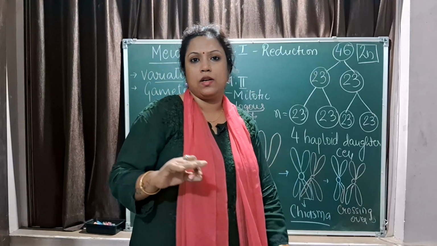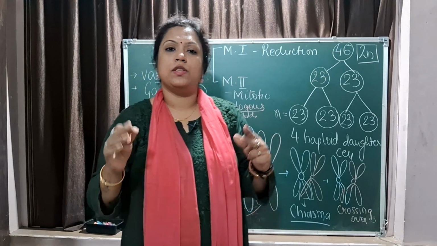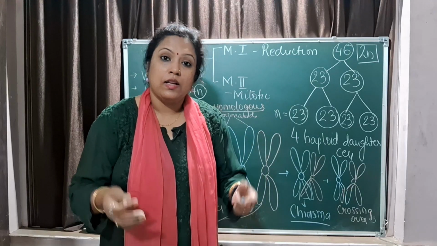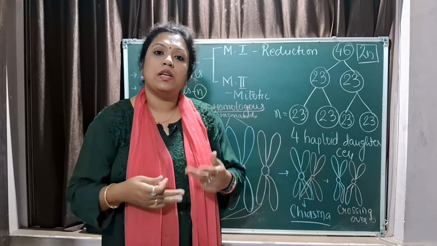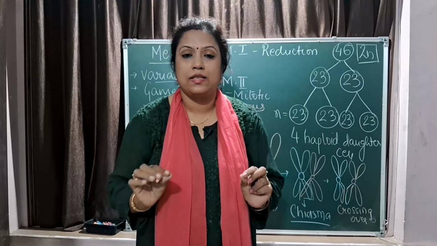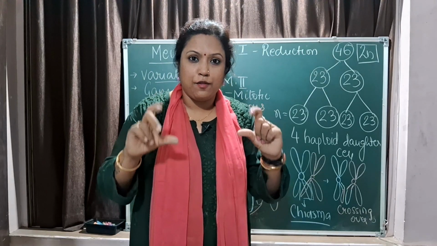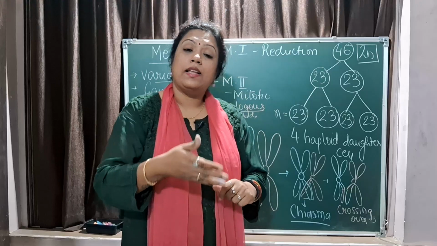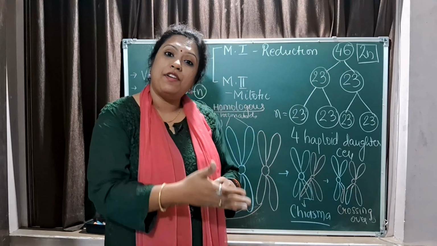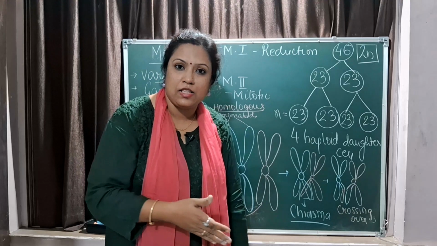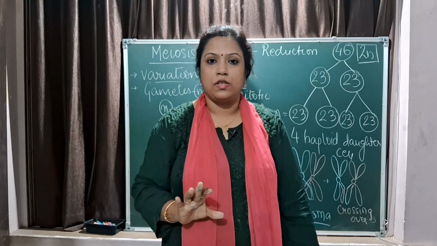If I have to make you understand with a simple example, suppose there are two friends. When they come closer to each other, meeting each other is synapsis. Then they shake hands. Taking a photograph of the handshake is the evidence that they have met each other, which is the chiasma formation.